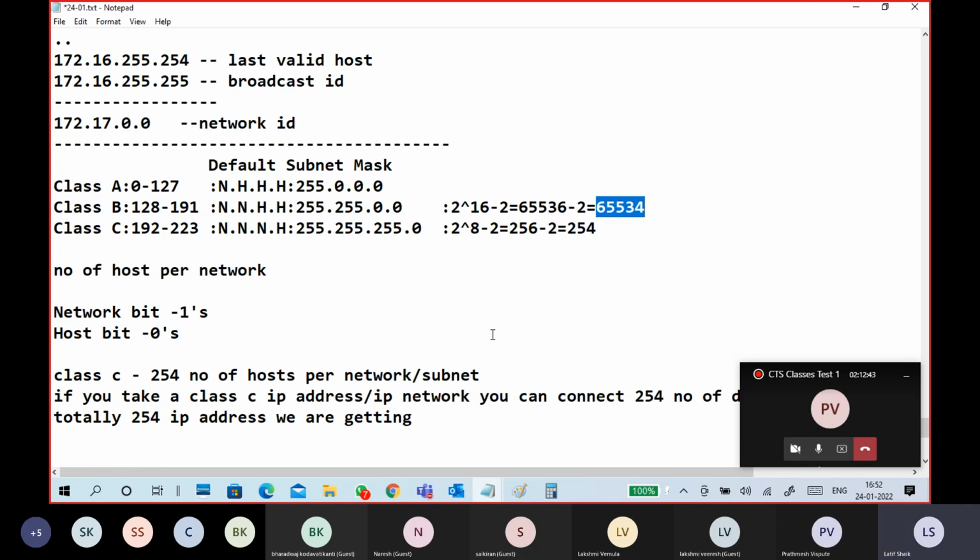It means if you are using a class B network, you can connect more than 65,000 computers together in a single logical network.